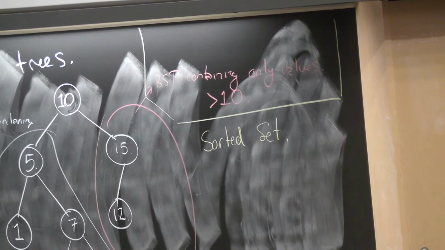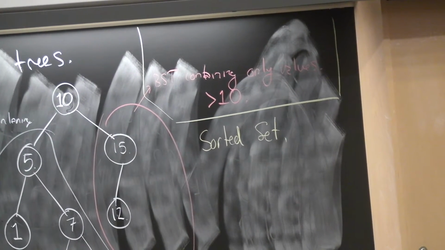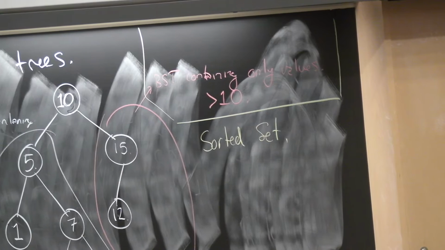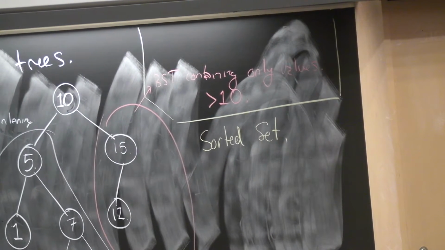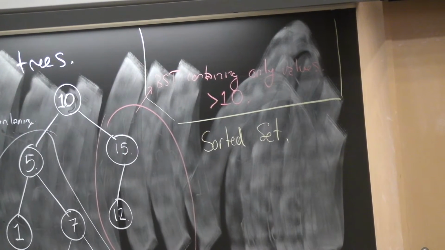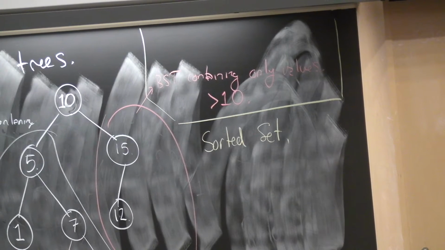It has a sorted set too. It's usually implemented as some kind of binary search tree. And the reason is that if you use the right kind of binary search tree, it tends to be fast to look for things in here.